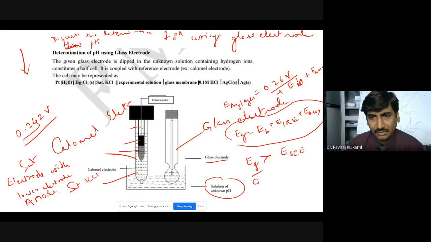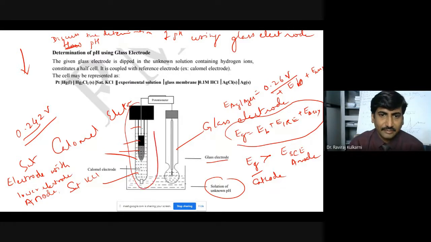This is cathode because of higher electrode potential, and this behaves as anode. Anode we always write on the left-hand side. This is anode and this is cathode.